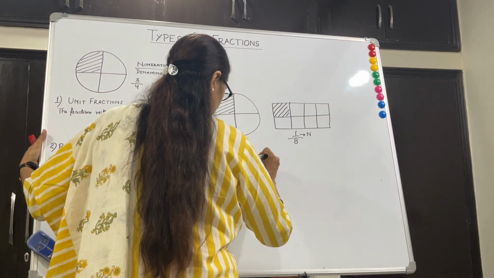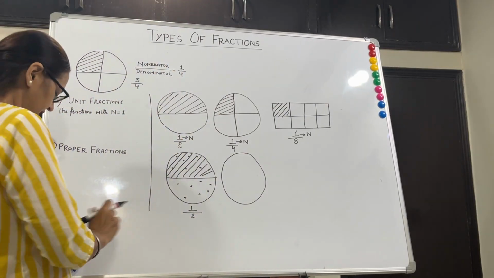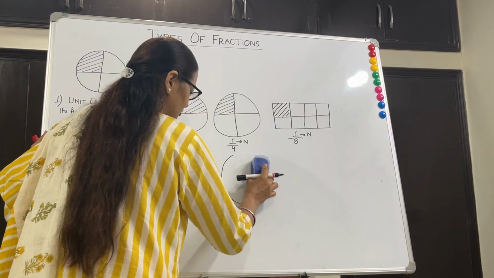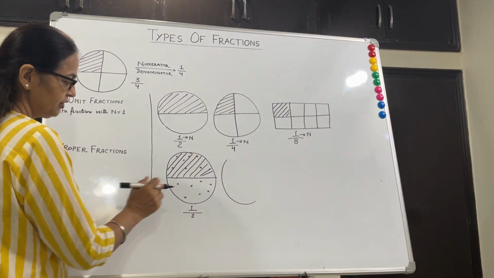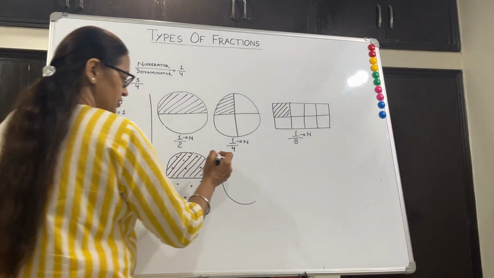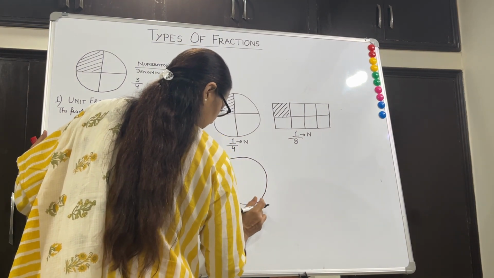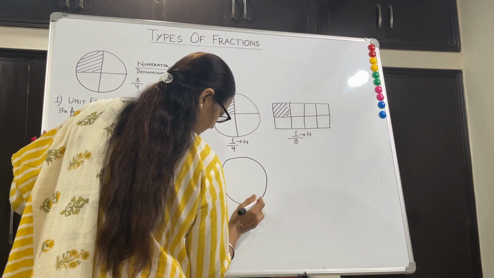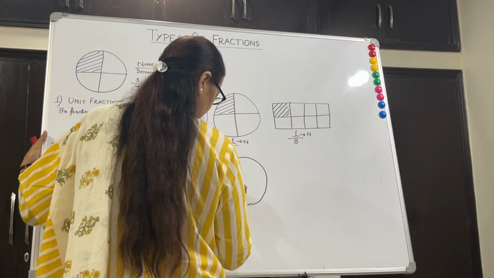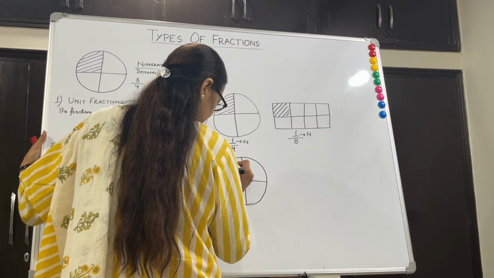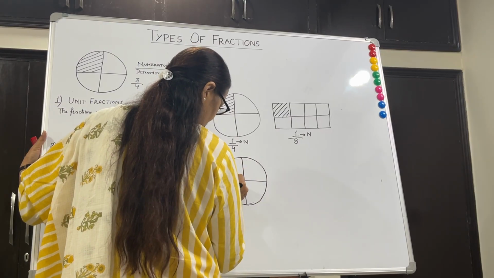Now, your mama and papa also want to eat this pizza. They don't want you to eat such a large portion. So they divide this pizza into 4 equal parts. This is pizza only, don't worry.